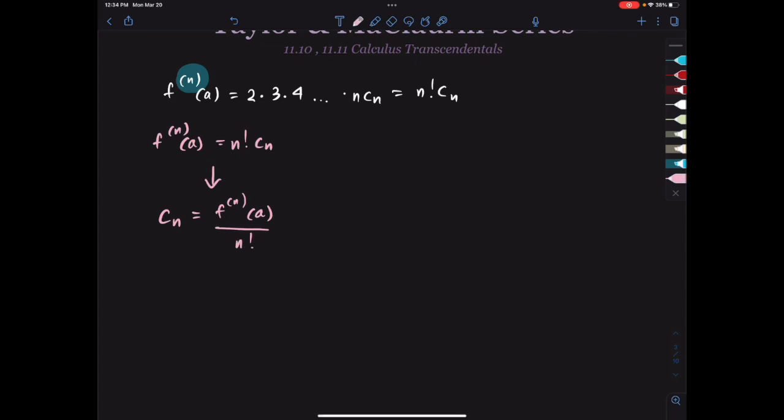When we take the resulting constant involving the nth derivative and plug it back into the power series equation, we result in a Taylor series function. So that's Taylor series checked off the list.